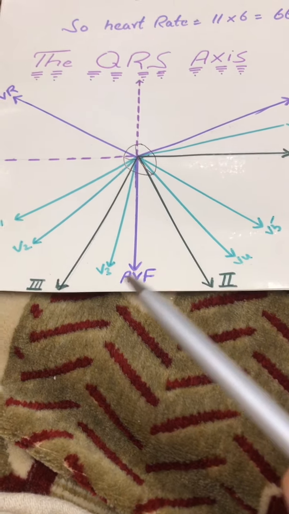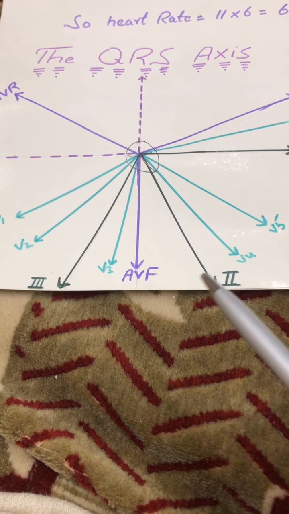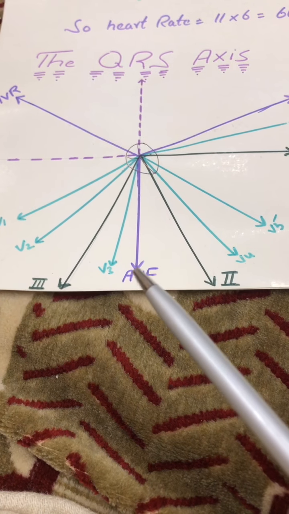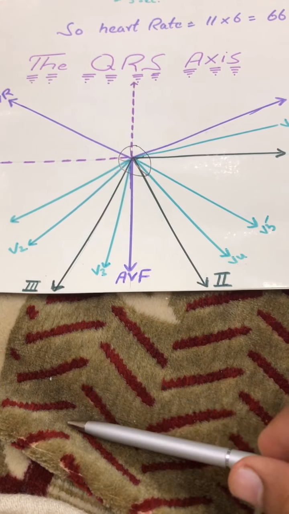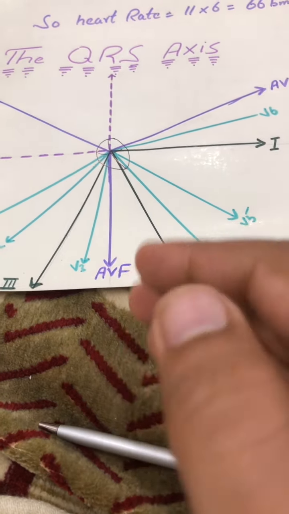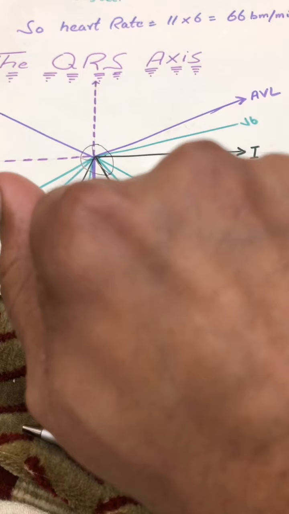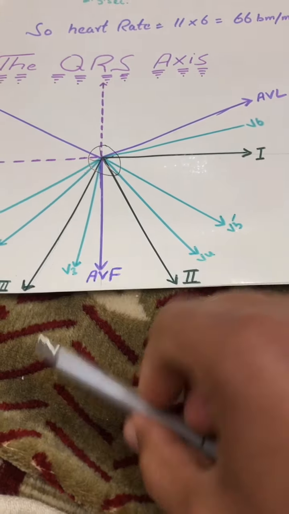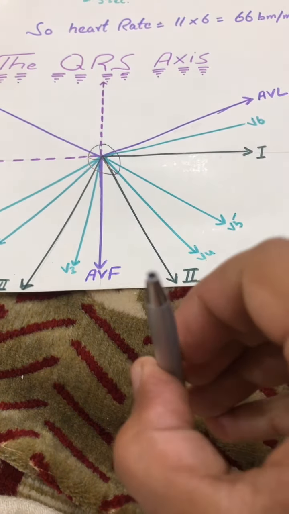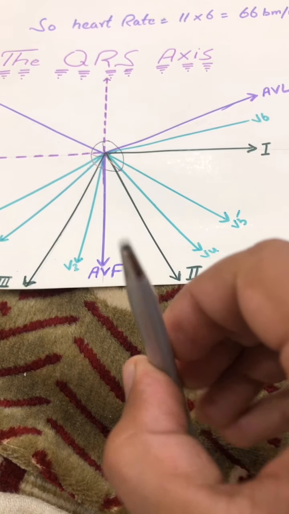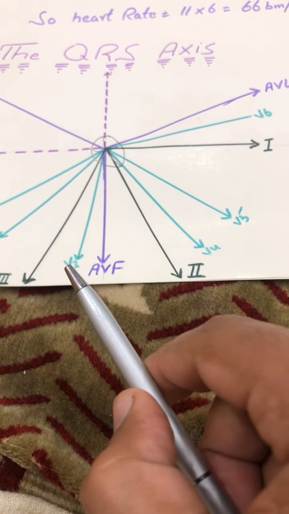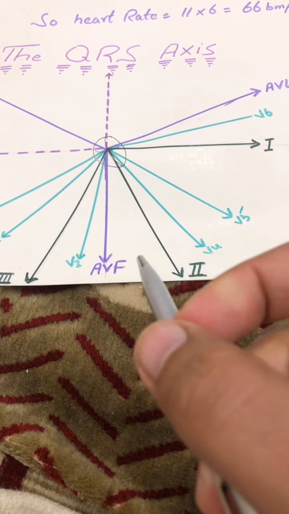Okay, 2, 3, AVF. These are the leads which look under the heart. Okay, under the heart. Let's consider this is your heart. It is going to see under the heart, so it sees the inferior wall. Okay, while V3 and V4 see the anterior wall.